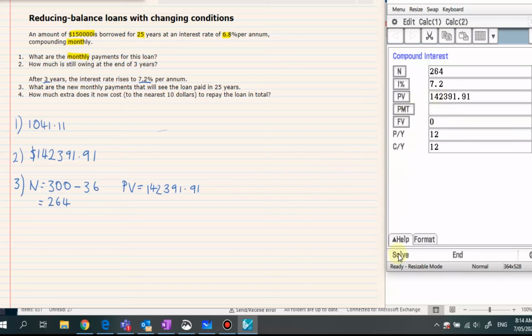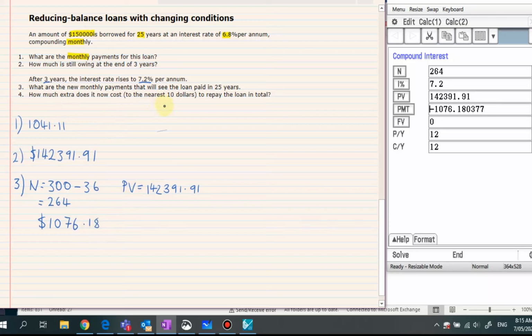Okay, so we solve for that. And we get a figure of our new payments, $1,076 and 18 cents.